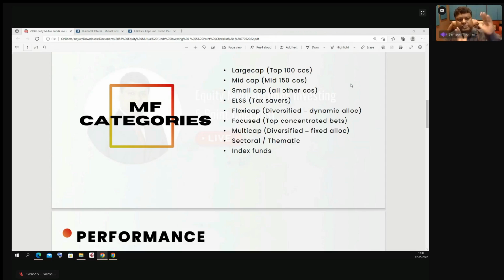He will just take the Nifty 50 stocks and invest in proportion to the weightage in the index. So if Reliance has the highest weightage, assuming 15%, then 15% of the money that he has, he will put in Reliance, and similarly for all the other 50 stocks. That is called a passive fund.